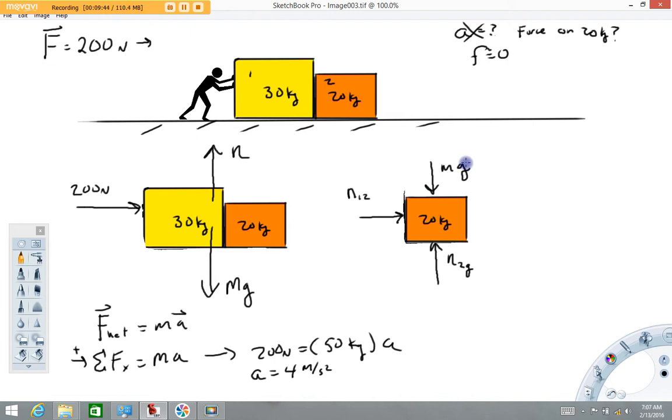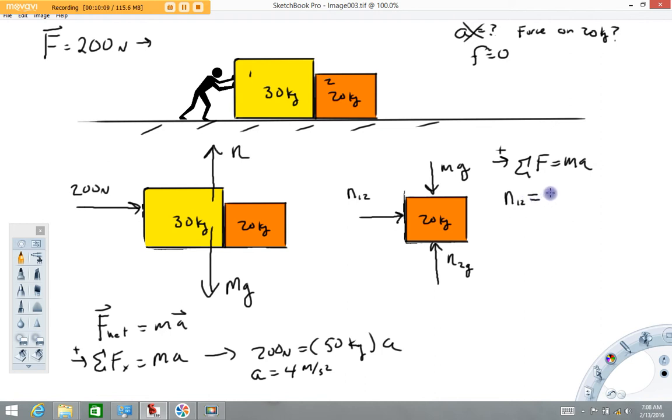I'm going to take note this object's accelerating to the right, so when we apply Newton's second law, sum of all forces equals ma, right positive. That's just going to be normal 1, 2. Now looking at this free body, this thing does not have an x component. This does not have an x component. This does. And N12 is the complete x component.